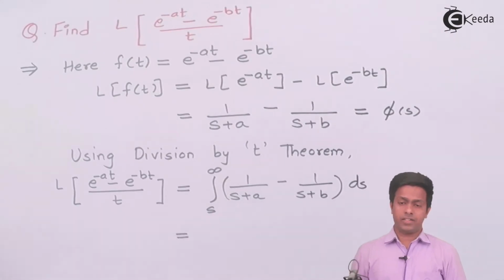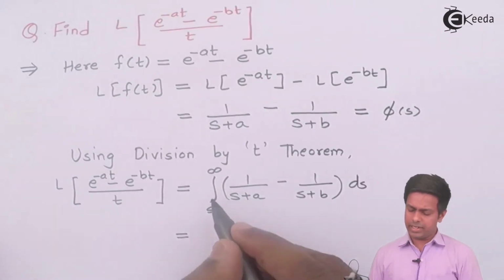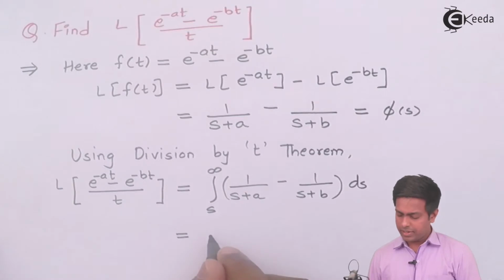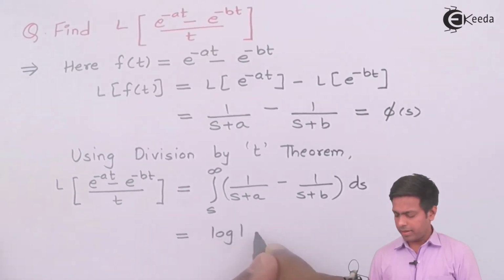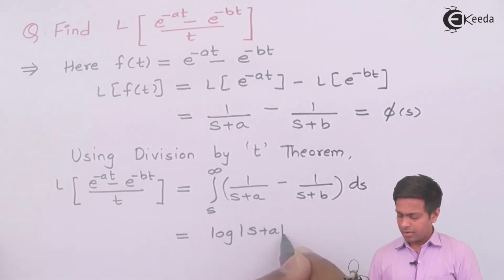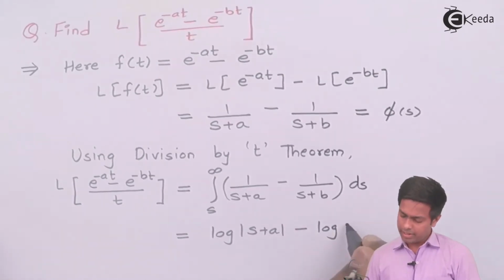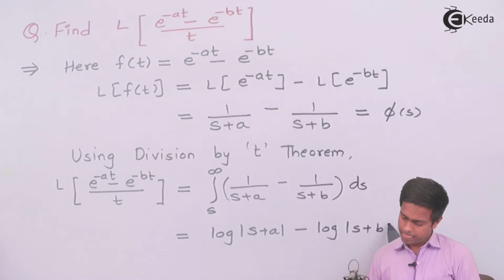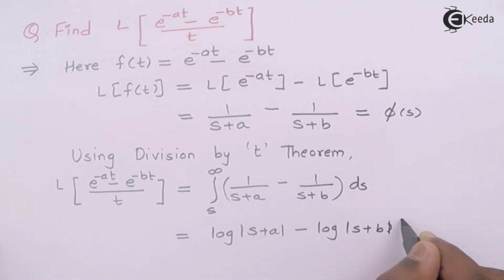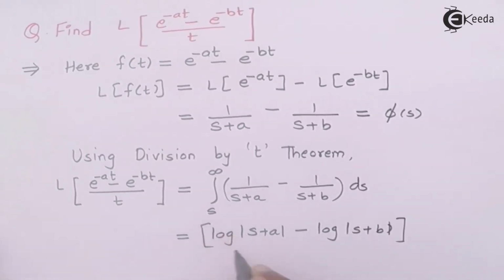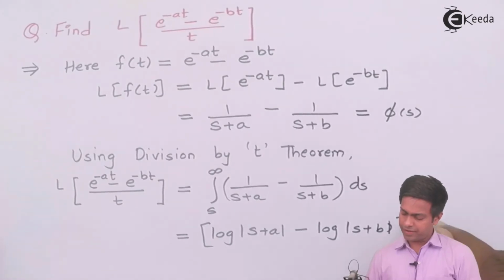Now guys, let's find out the integration. What is the integration of 1 upon s plus a? It is log mod s plus a, minus, for this it is log mod s plus b, and here the limit is from s to infinity.